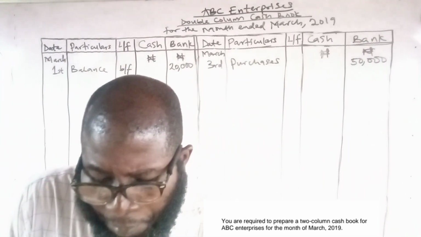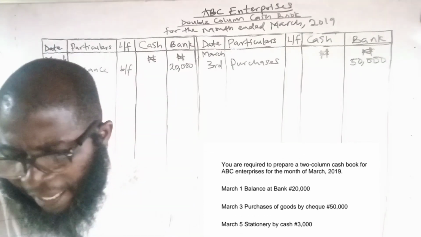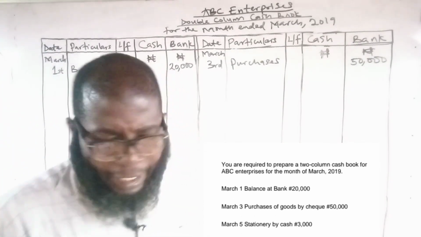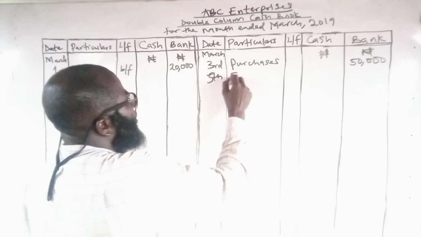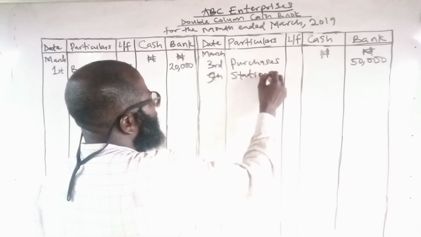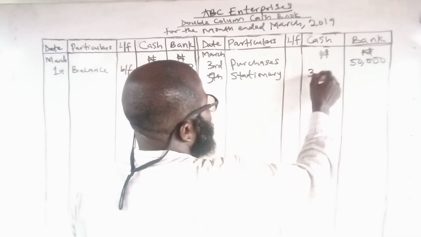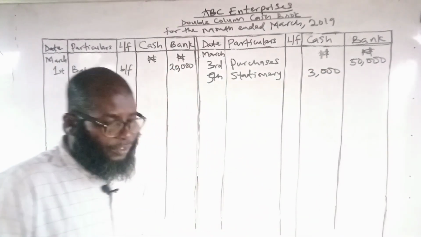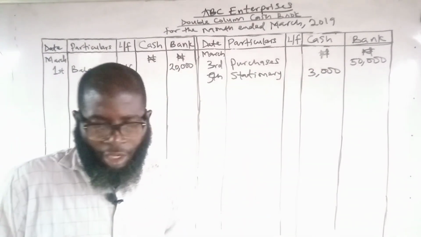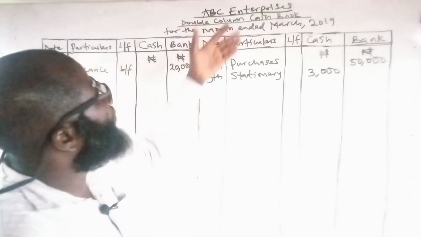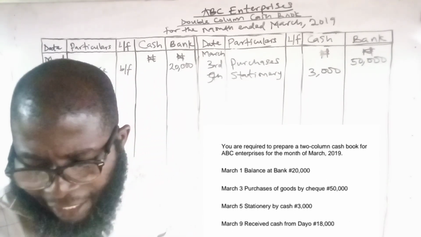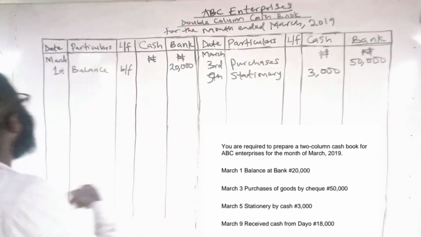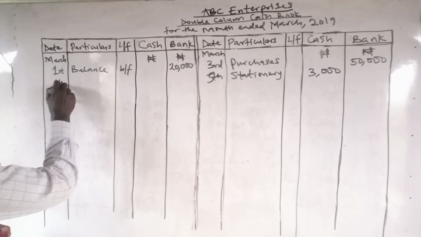Now, March 5th, stationery by cash, 3,000 naira. You have it on the credit side, all because they are expenses or payments made by ABC Enterprises.